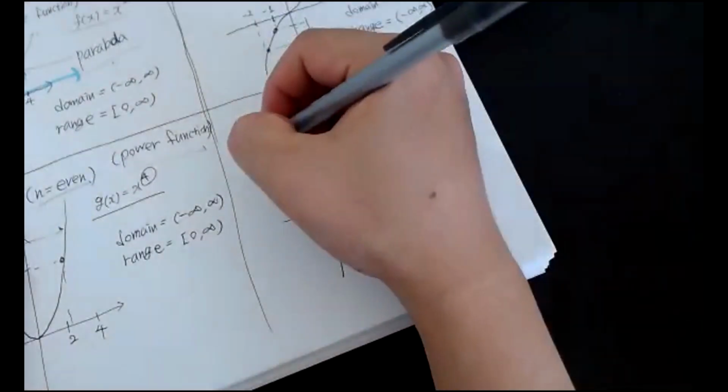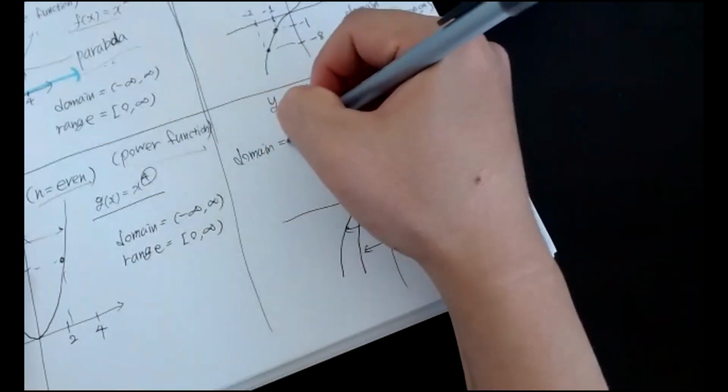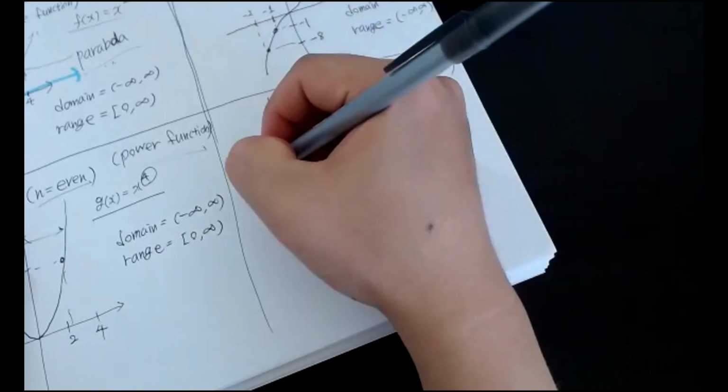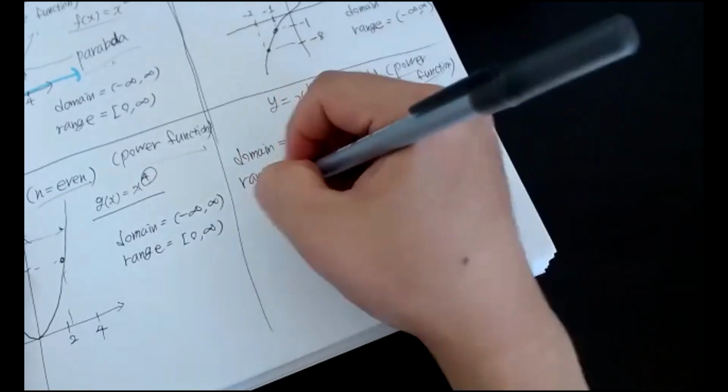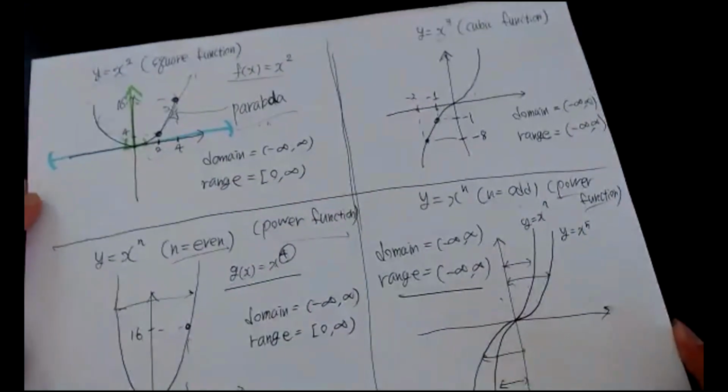Same thing here: the domain is negative infinity to infinity, and the range is negative infinity to infinity.